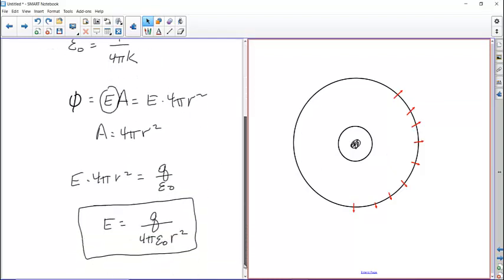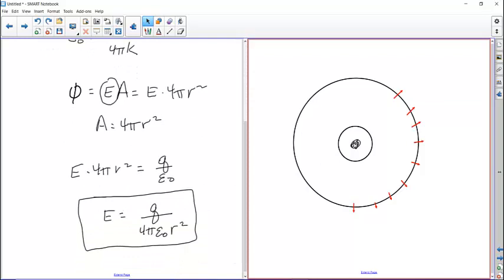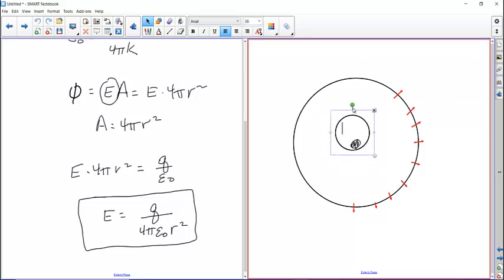So whether you have a point charge where all the excess electrons are stuffed into one little space, or whether they are distributed out further, the electric field at this distance from the center of the charged sphere is going to be the same no matter what. So I could continue to increase the radius, or instead of a solid sphere, let's put in a hollow sphere.